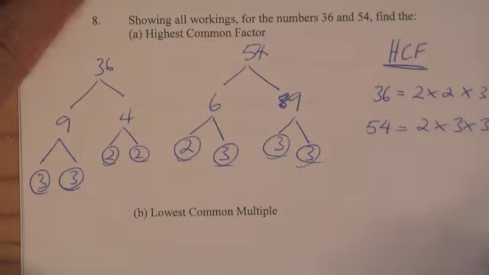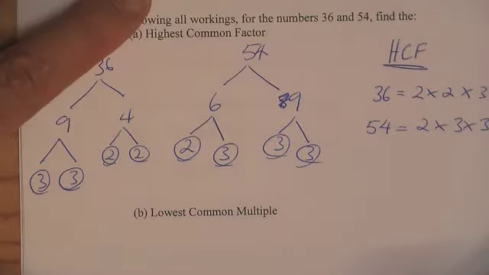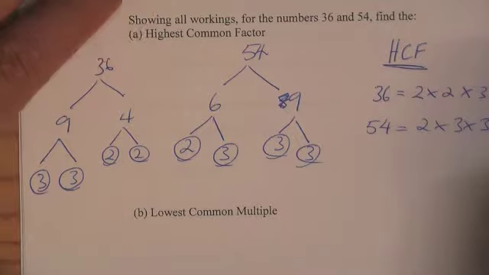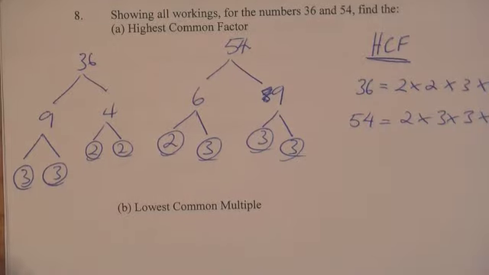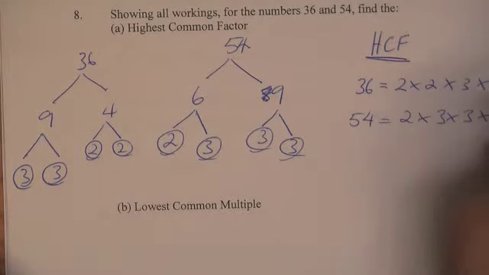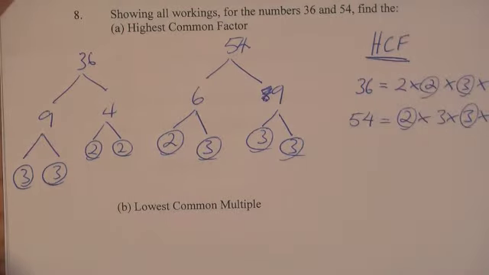To find the highest common factor, I use all the common prime factors and multiply them together. So circle them. There's a 3 and a 3 there, a 3 and a 3 there, a 2 and a 2 there. They're common.